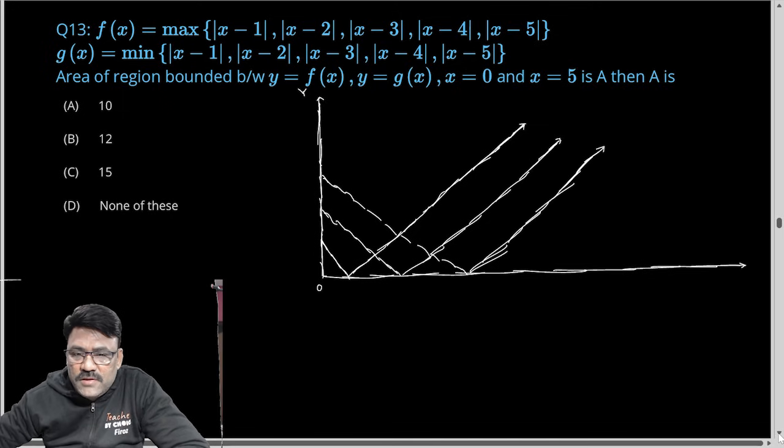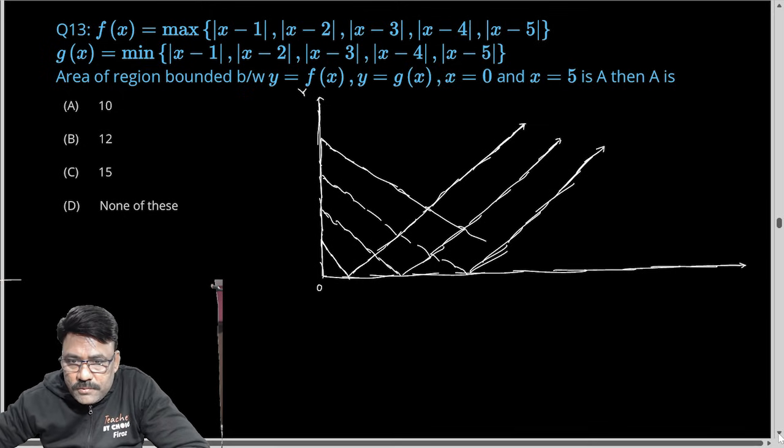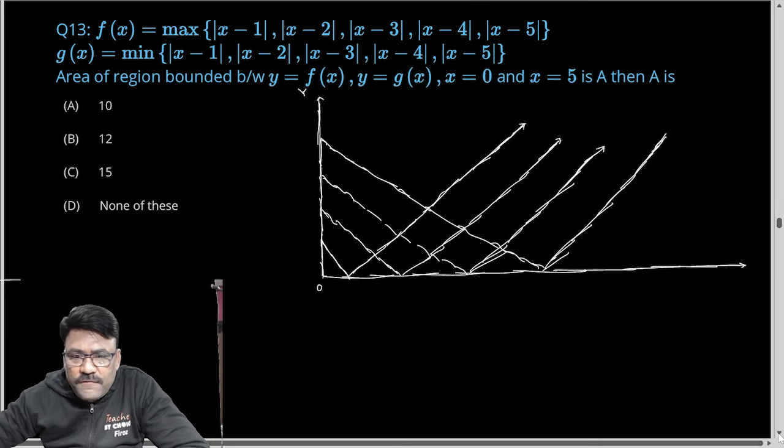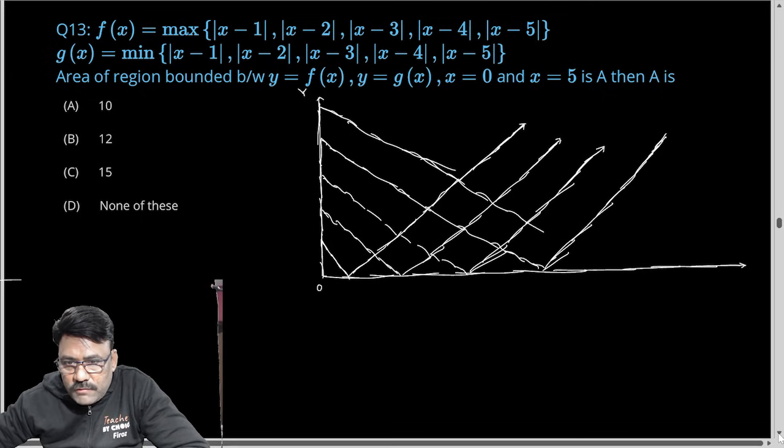This is mod x minus 3. Mod x minus 4 is again a V-shaped graph, turning point at 4. This is mod x minus 4. And finally, mod x minus 5 is again a V-shaped graph, turning point at 5.